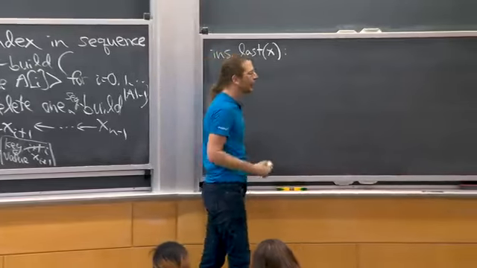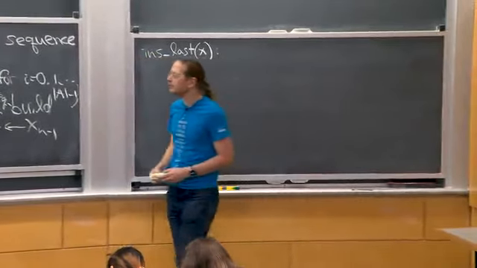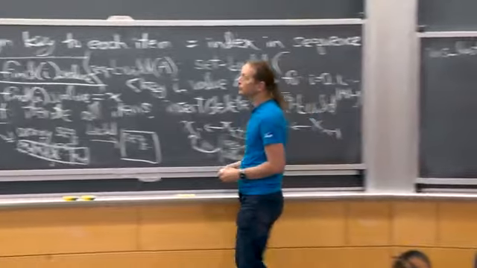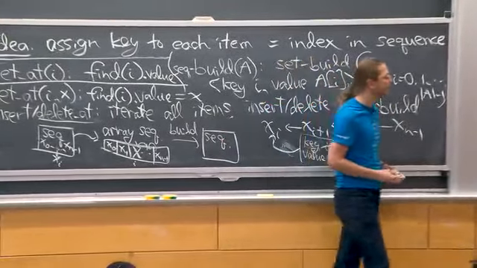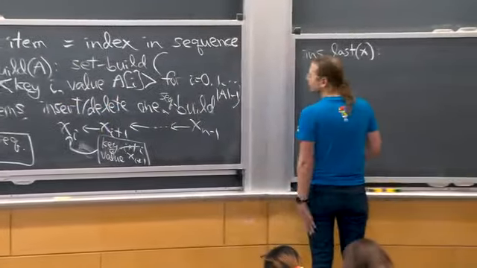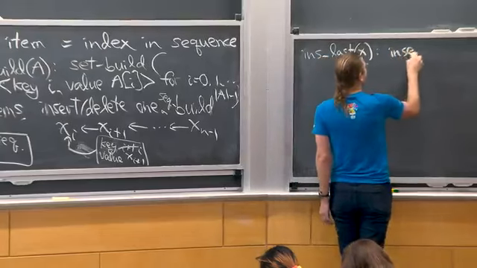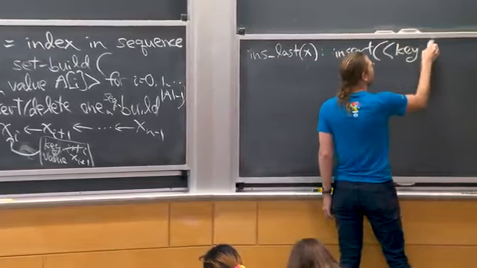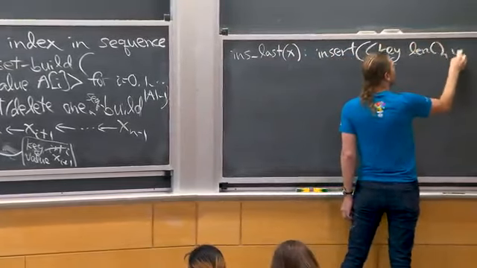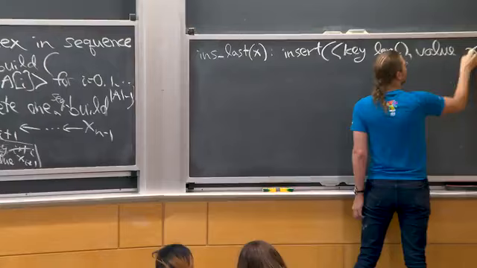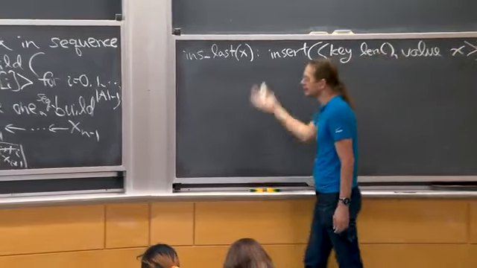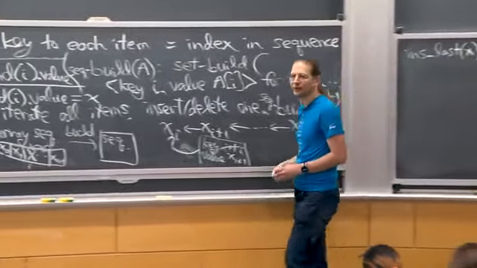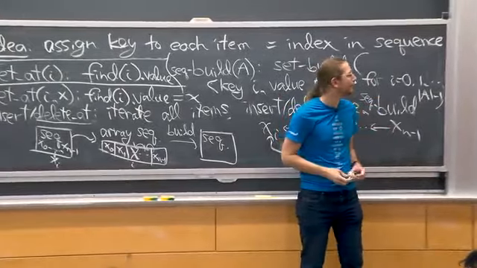We want to add it to the end of the structure. So that means its index is going to be equal to, because we started at 0, the current length of the structure. So let's just insert a new object, which has key equal to length, and it has value equal to x. We're done. Delete last, similar. Just delete the item with key length minus 1.